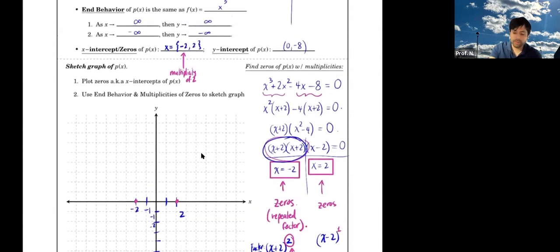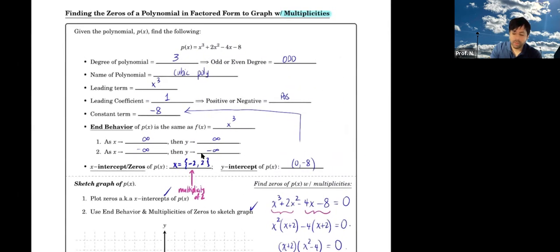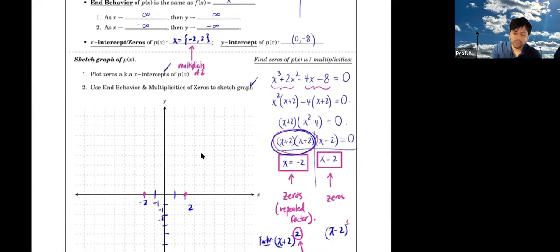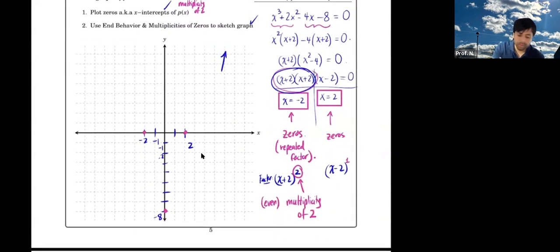What else do I know? So I got that part. What else do I know? The end behavior. What's the end behavior? It's similar to x cubed. So what else do I know? I know that this must go up when I move to the right, and this must go down when I move to the left. Okay? Now the question is, how do I connect these two ends?